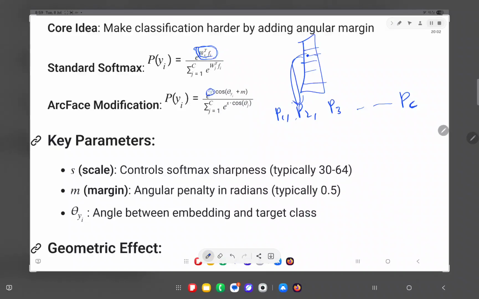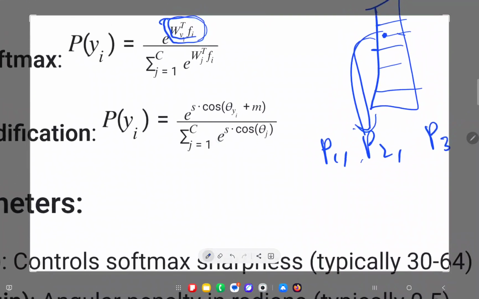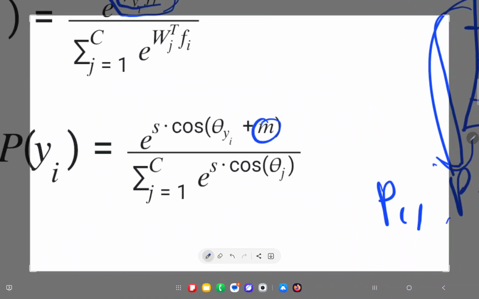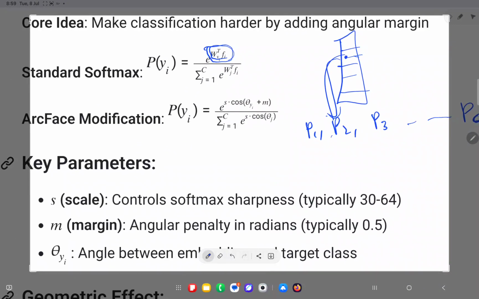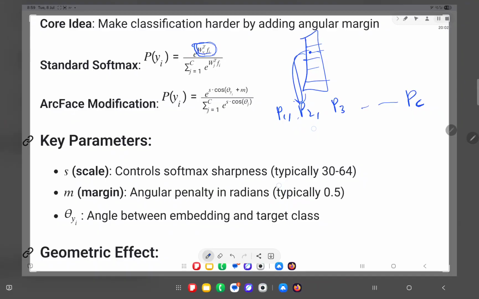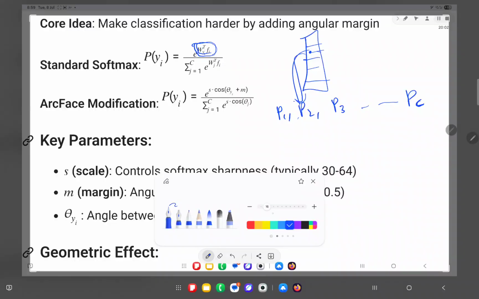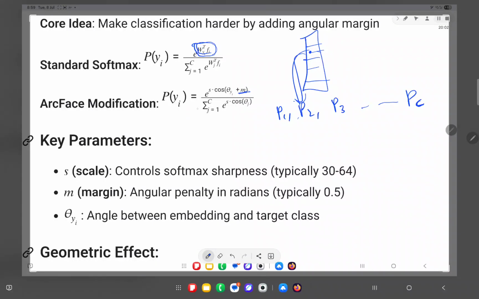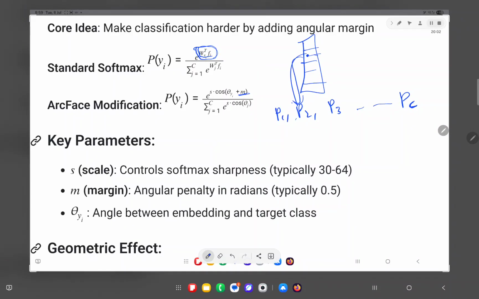We have a scale parameter that is extra, and then we have this margin, which is extra. I am not able to explain this loss function in much more detail. You can search on the internet and study about this. The important part here is that we have margin addition and we are using this cosine similarity inside the softmax loss. So this is the main point for ArcFace loss.